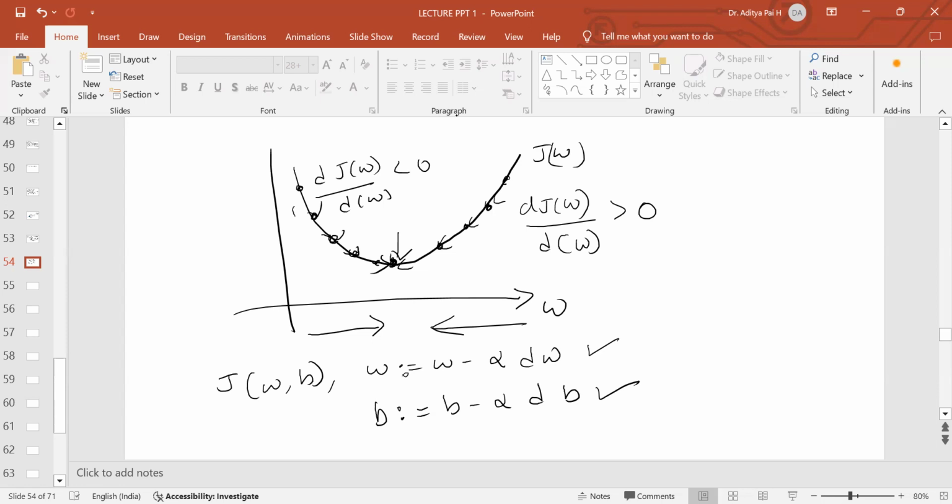So both these things are being considered for the gradient descent.